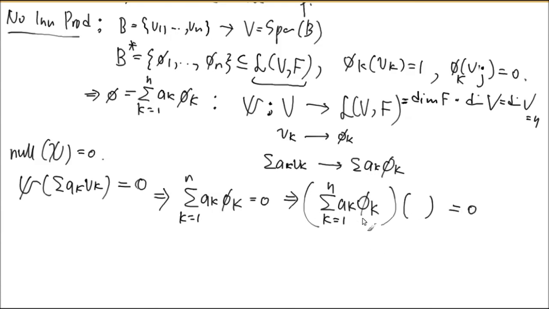All we want is to identify what these ak are, and what we want to plug in here. What do you know about Vk? You plug in something so that you use what you know about Vk. This is what we know about Vk. So what do you want to plug in? The V's. Since I already used k here, I'm going to call it Vj. Is that okay? Plug in Vj and see what happens. So Vj applies everywhere.